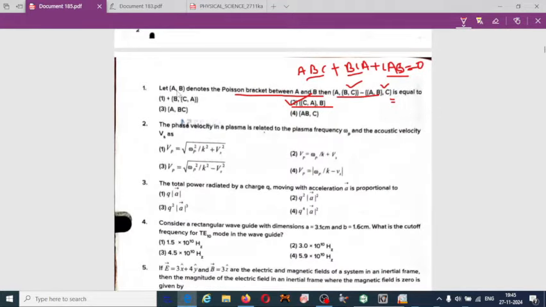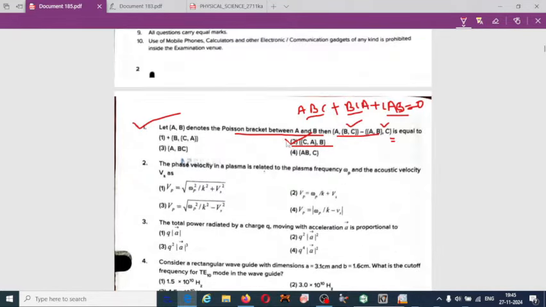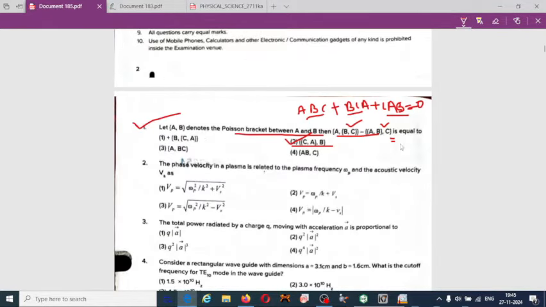Here I have already discussed question number 1. The option 2 is correct. Let us discuss it in detail. As we know the Poisson bracket, for the given question they have asked to find which is equivalent to the given equation [a, bc] minus [a, b]c.